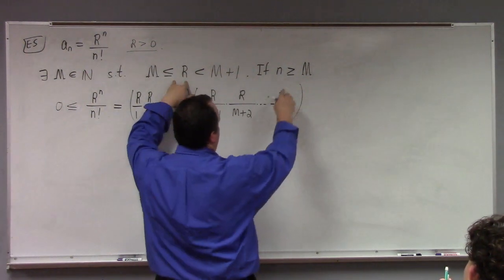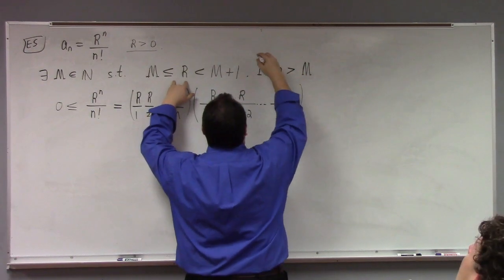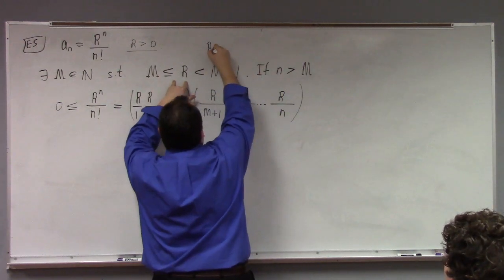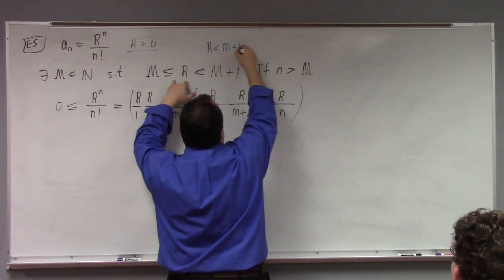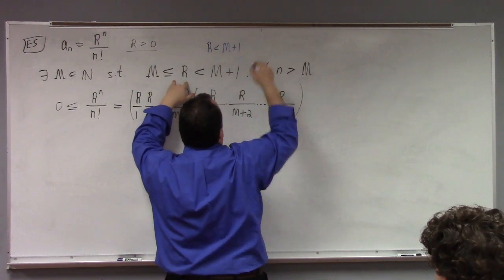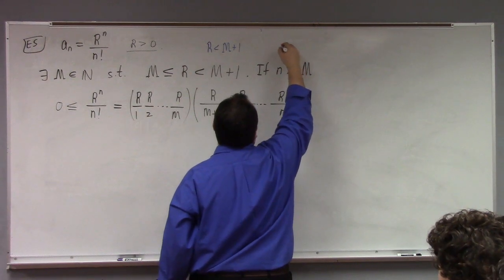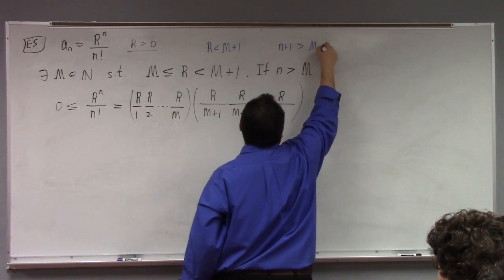Yeah, I should make this strict. Let me make that strict just to be safe. See, then r is what? If r is less than m plus 1, right? Then, let me write that. n plus 1 is greater than m plus 1, right?